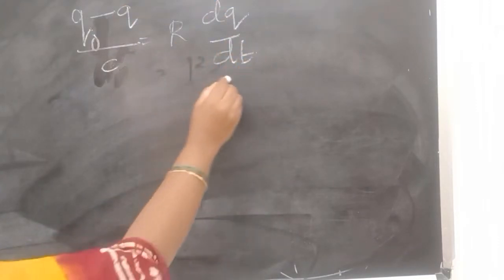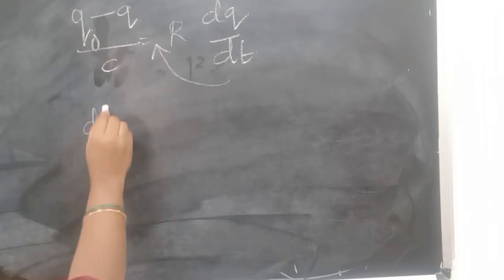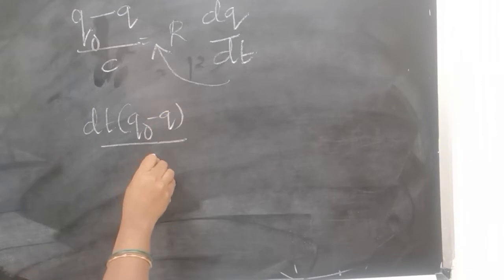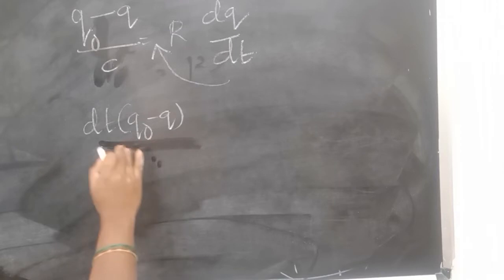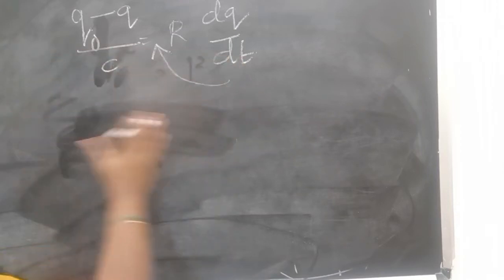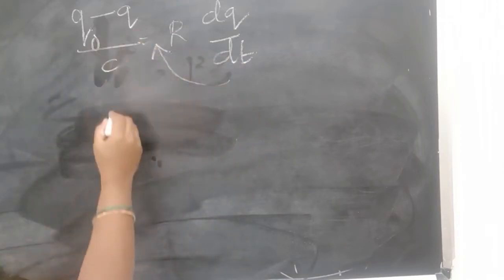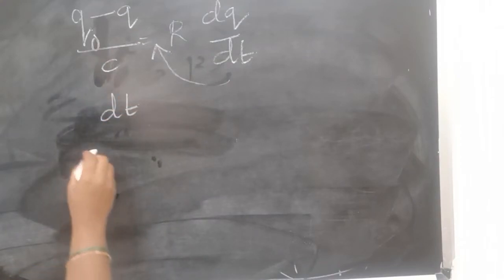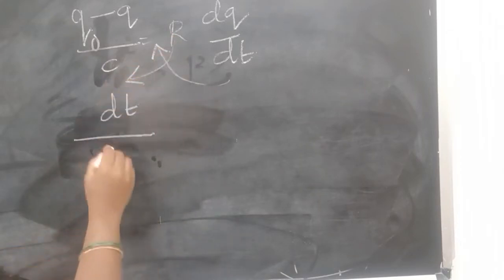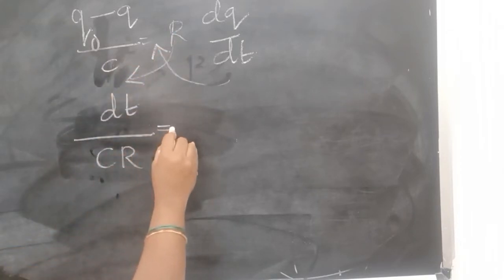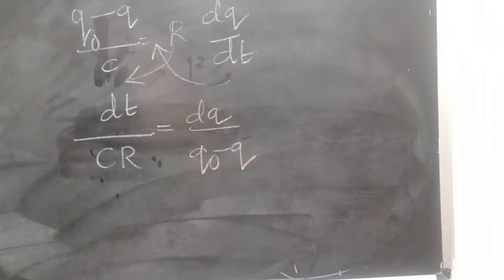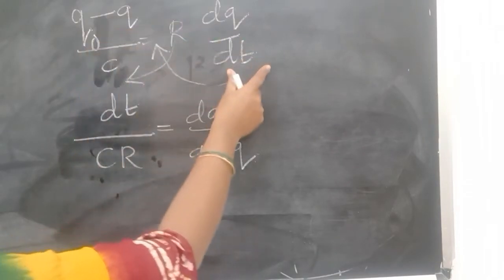Now what I am doing is sending dt to this side, dt by Cr is equal to dq by (Q naught minus Q). That means I am making all the Q elements to one side.